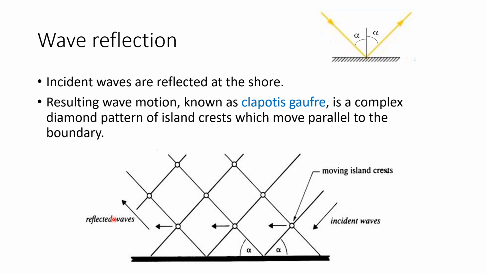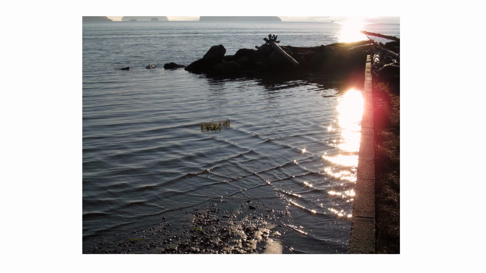This is known as Clapotis Gaufré, which is a complex diamond pattern of wave crests which move parallel to the boundary. This is an example of actual observation of these diamond-shaped patterns in front of a coastal structure.